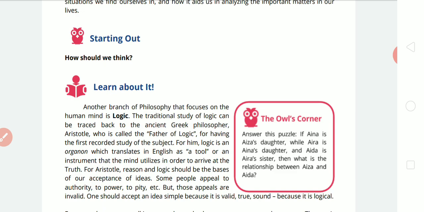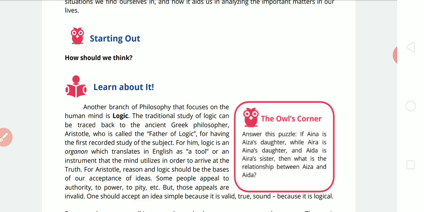Para sa iya, logic is an organon, which in English is translated as a tool or an instrument that the mind utilizes in order to arrive at the truth. According to him, logic is a tool with which we humans arrive at the truth.